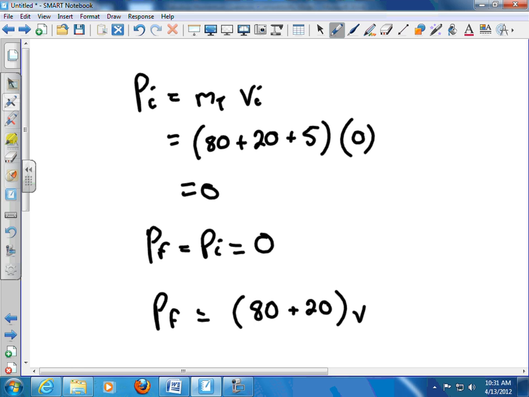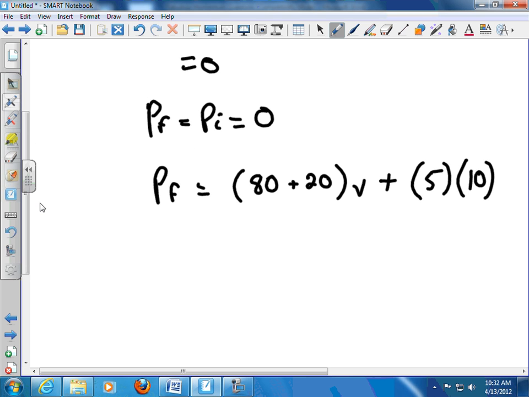We don't know their velocity. Plus, the only thing that's left is the 5 kilogram package, and it's going 10 meters per second. So 0 equals 100 V plus 50.